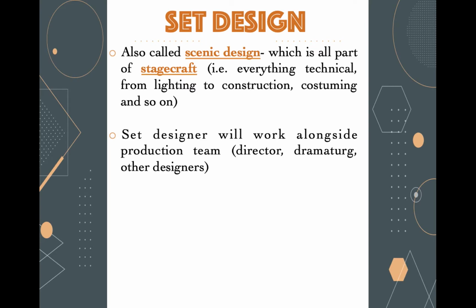So the set designer, among the other designers, will work with the production team, as we discussed before. The set designer will do, of course, their research and come up with their ideas.